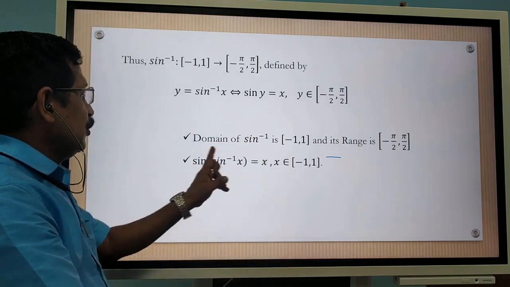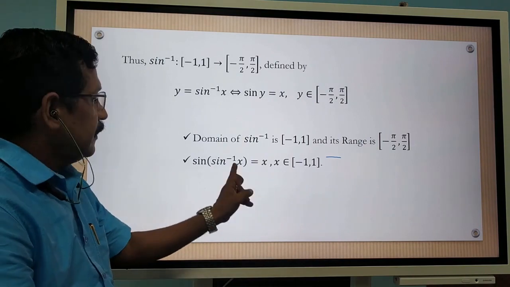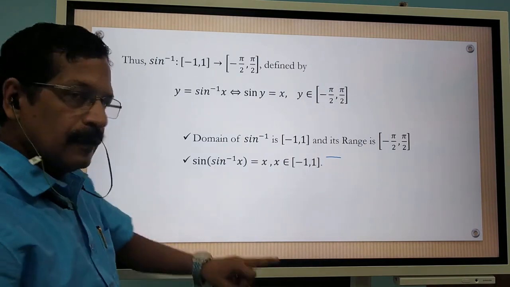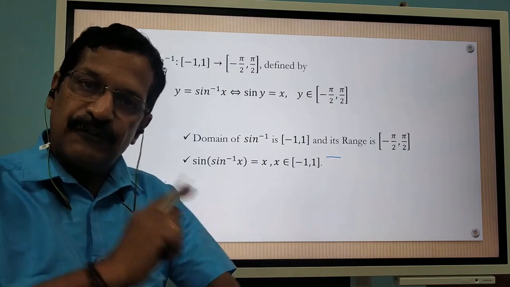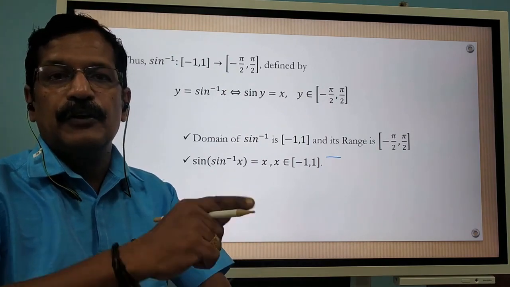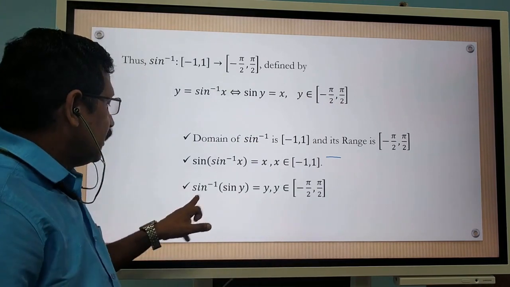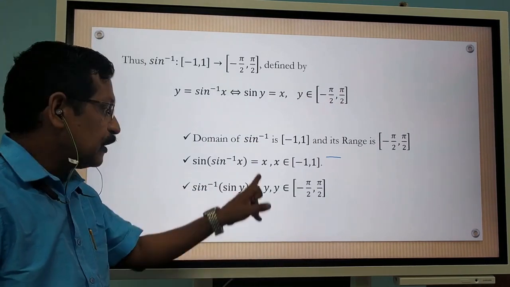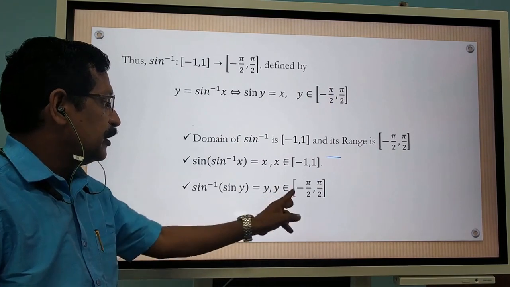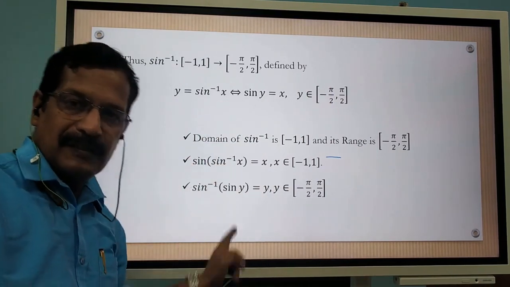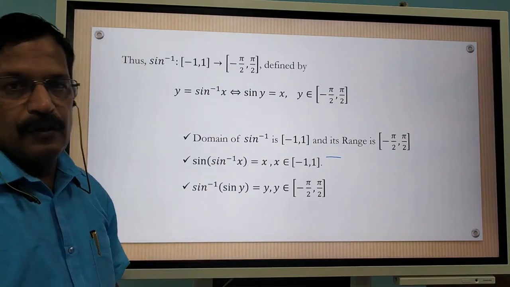Same way, sine of sine inverse of x is equal to x, where x is in [-1, 1], the domain of sine inverse. Same way, f inverse of f of x will be equal to x. So sine inverse of sin y is equal to y, where y is an element of [-π/2, π/2]. These are the three important points.